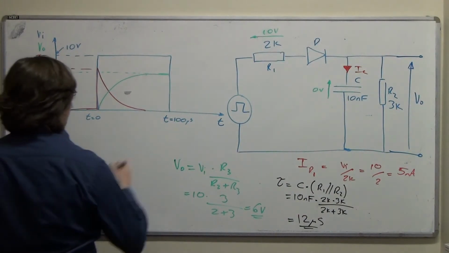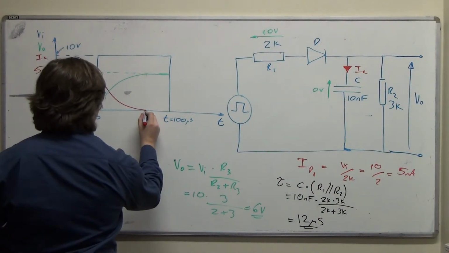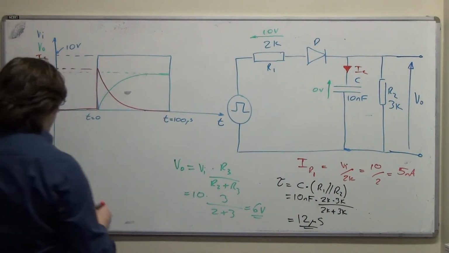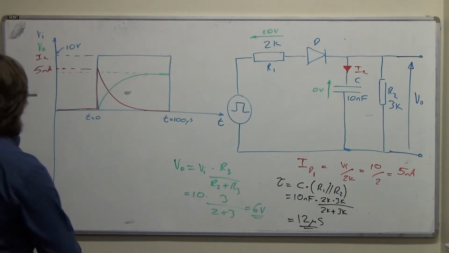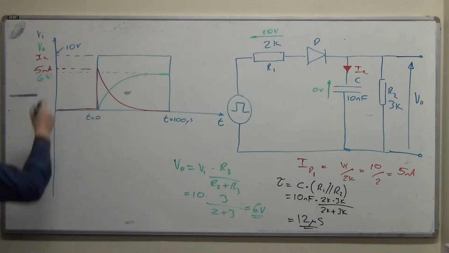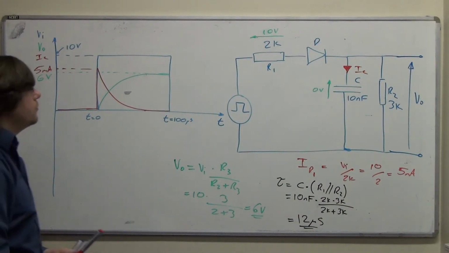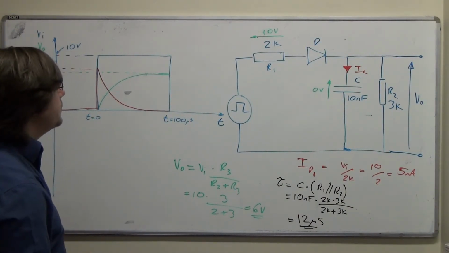And this current one, of course, doesn't stop there, it's just 0. And we can label this as 6 volts. So what about the discharge?